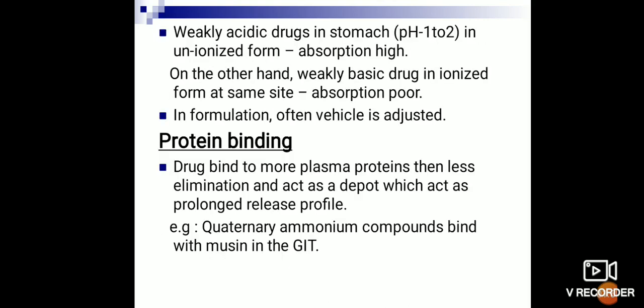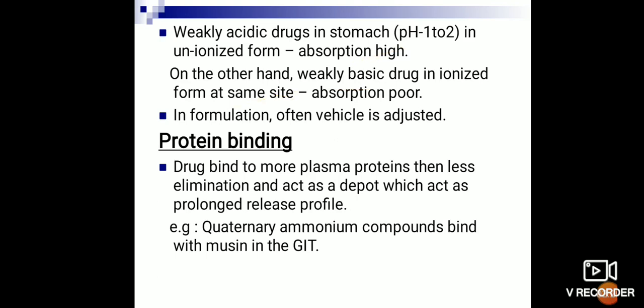CRDDS. A weakly acidic drug in the stomach at pH 1 to 2, that means in acidic media, remains in unionized form, so the absorption is high. On the other hand, a weakly basic drug is in ionic form at the same site.